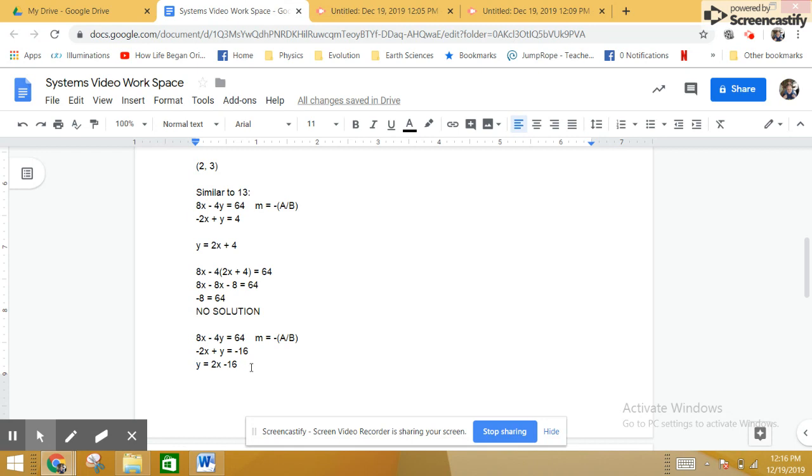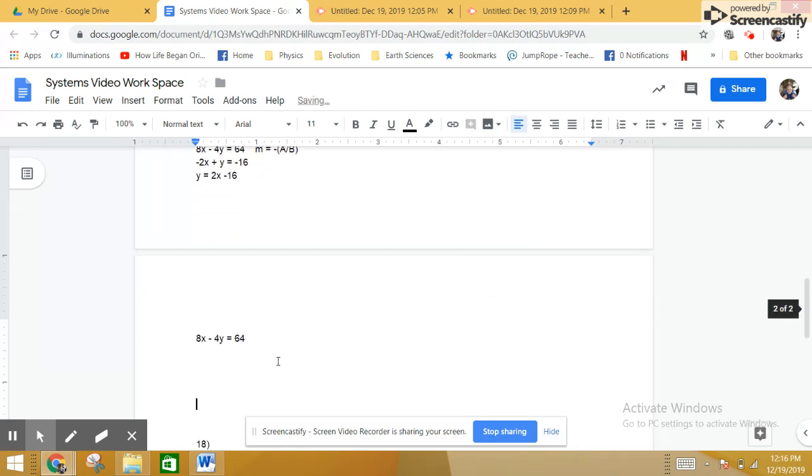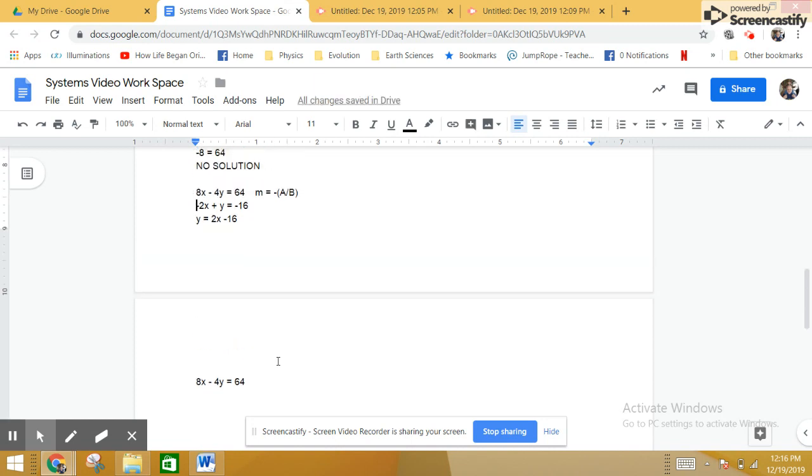Once I've done that, I can take 2x minus 16 and substitute it in for y in this equation. So I'll copy that in here, do a few returns to get some space, and I'm going to take this expression for y, 2x minus 16, and replace y with that.